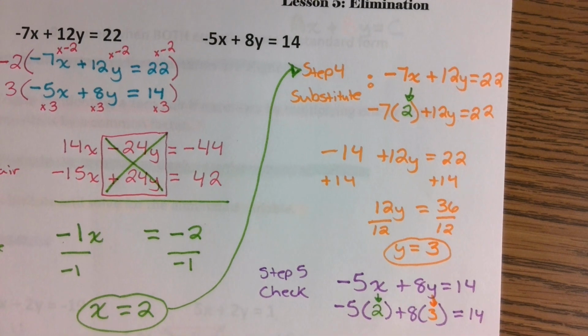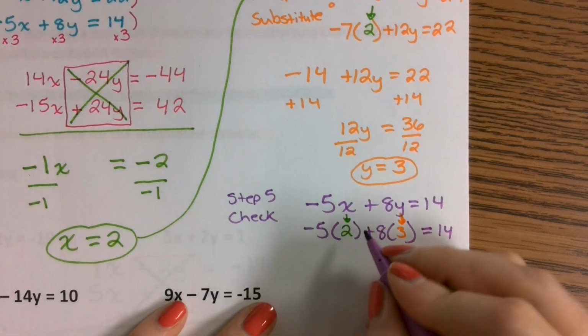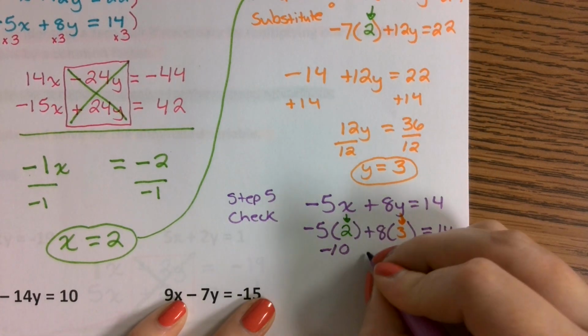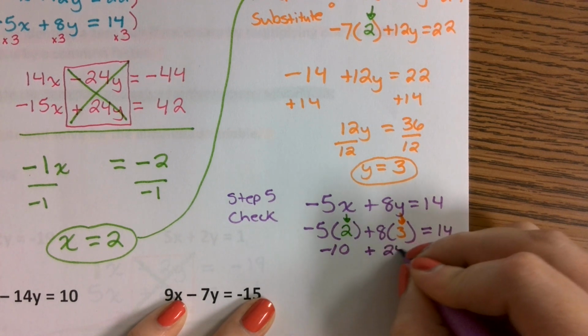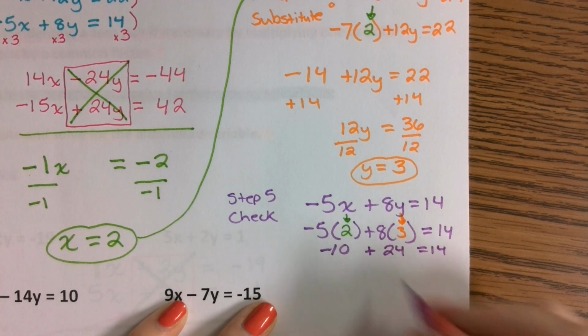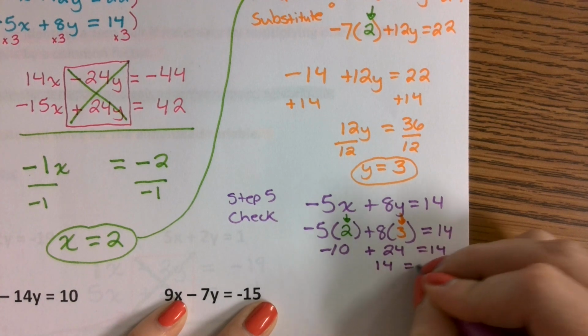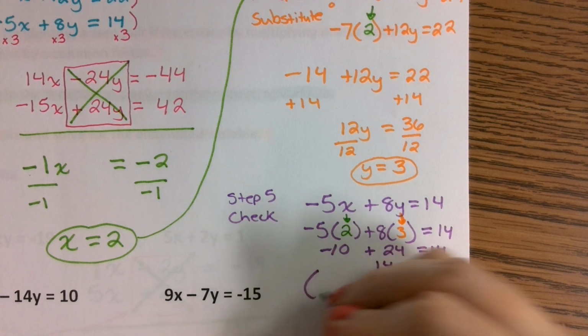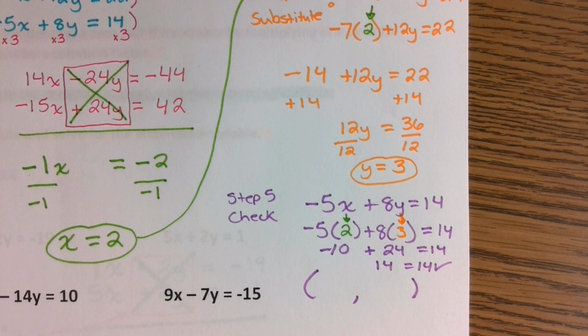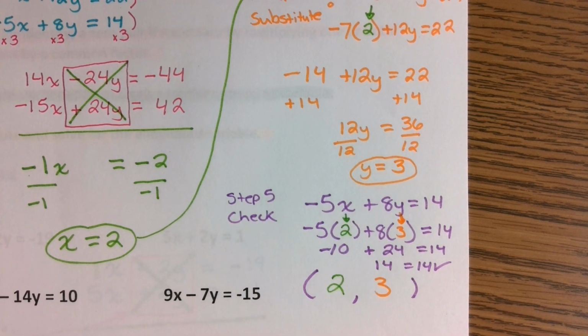And we want the whole thing to still equal 14. Negative 5 times 2 is negative 10. 8 times 3 is positive 24. And when we do negative 10 plus 24, we do get 14. Okay, so there's our solution. Positive 2, positive 3.